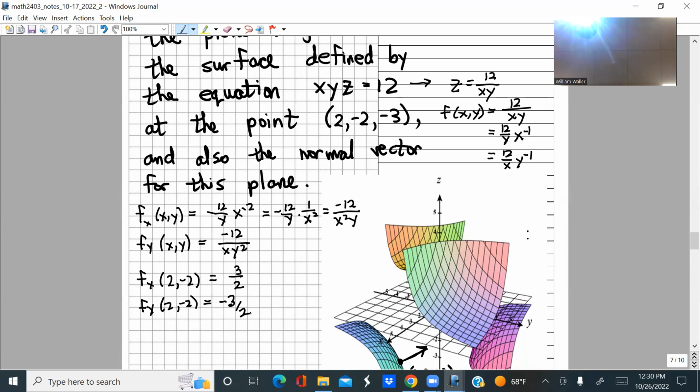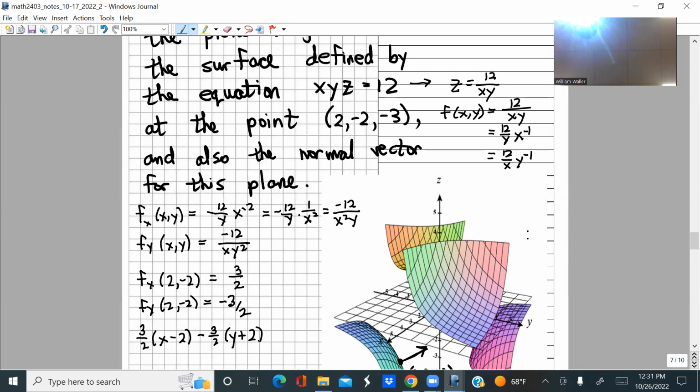From this point on, it's so easy because the formula for the tangent plane is going to be this partial derivative times x minus the x coordinate of your point, so times x minus 2, plus the partial derivative with respect to y times y minus the y coordinate of your given point. So that will turn out to be y plus 2, because when you subtract a minus 2 from y, you get plus 2.